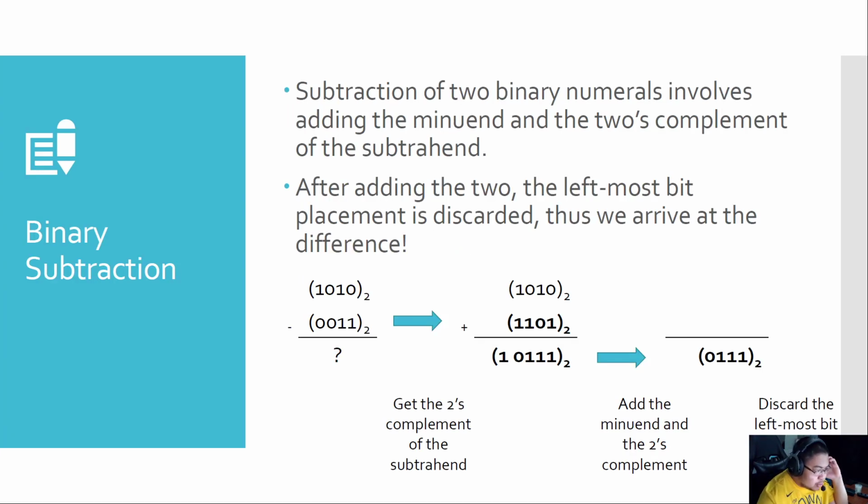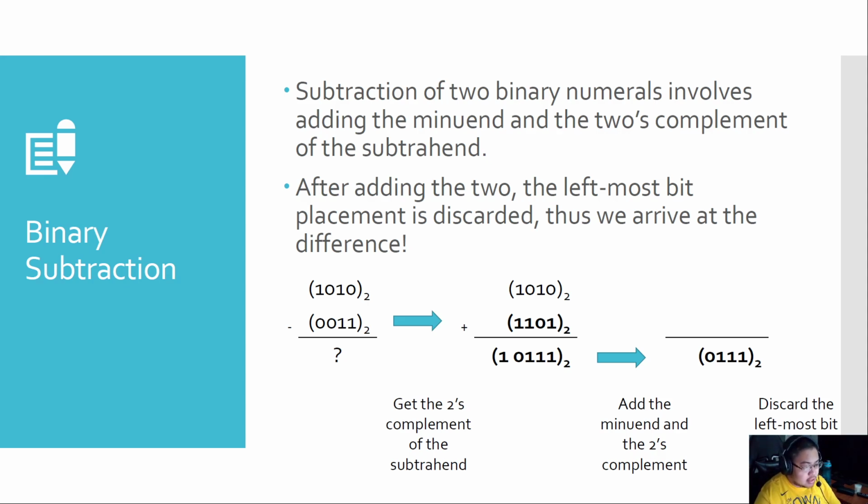So now let's go to binary subtraction. It's just similar to what we did in the addition. So here are the steps. Subtraction of two binary numerals involves adding the minuend and the two's complement of the subtrahend. And after adding the two, the leftmost bit placement is discarded.